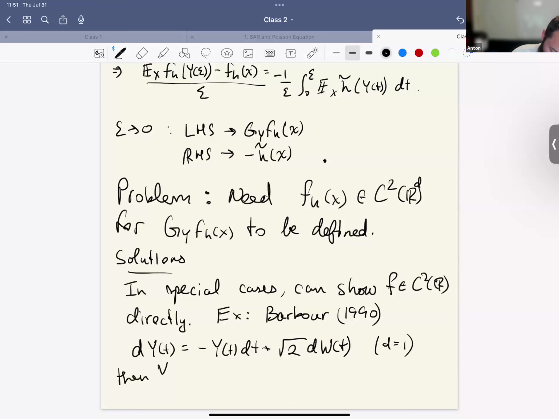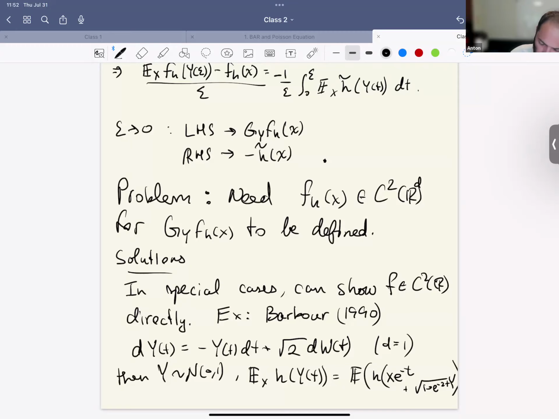Then the steady state distribution is the normal 0, 1. And the transient distribution is known. And this is the expected value of h of x e to the negative t plus square root of 1 minus e to the negative 2t y.